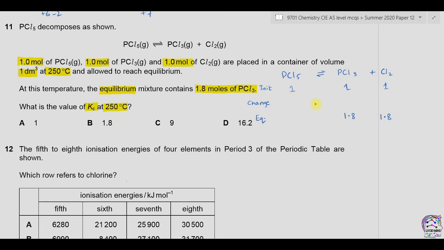Let's find the change in the number of moles. PCl3 changes from 1 to 1.8, and therefore the change in the number of moles is plus 0.8.